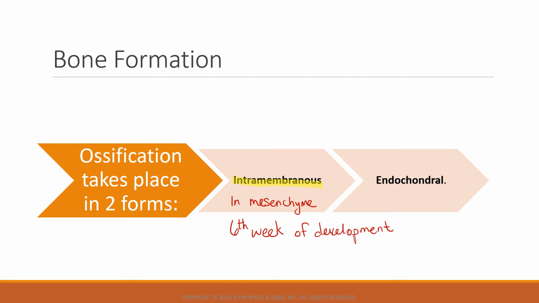In endochondral ossification, which is the second one we will discuss, cartilage is initially formed in the correct shapes, and then it's replaced with bone.